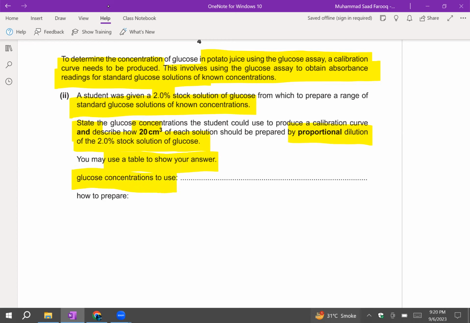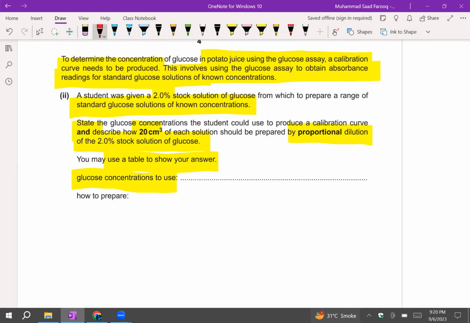So definitely, we have 2% glucose in our start. The glucose concentrations to use, say we have 2%, and then we are making 1%, and then we are making 0.5%, and then we are making 0.25%, right?